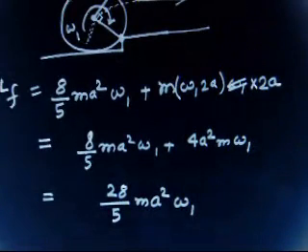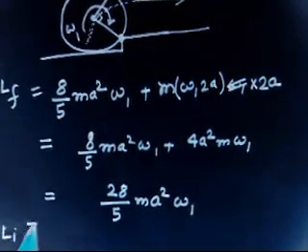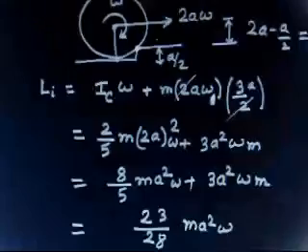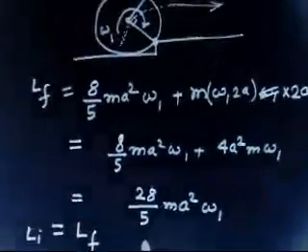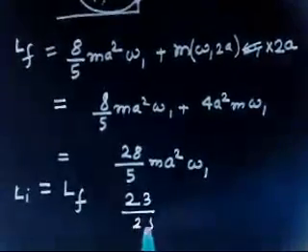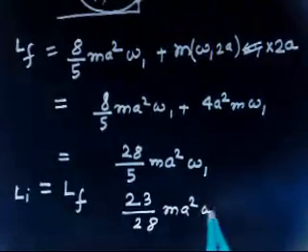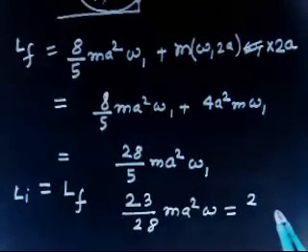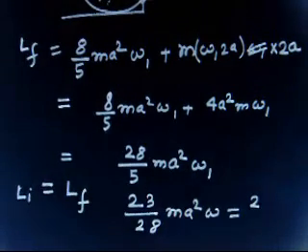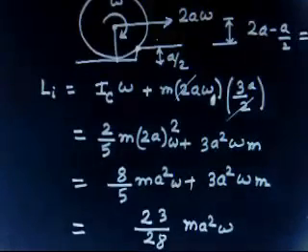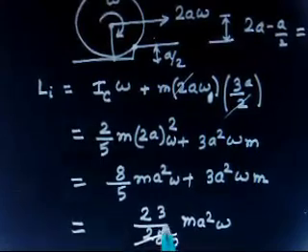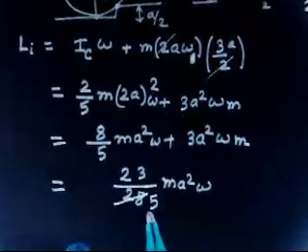Now if you do the angular momentum conservation, the final angular momentum is equal to the initial angular momentum. Initial angular momentum is 23 by 5 ma square omega. Let me check again. This is 23 by 5, not 23 by 8, and this is 5, not 28.